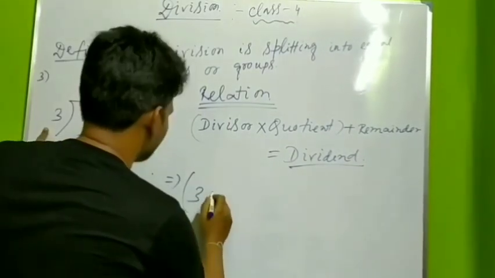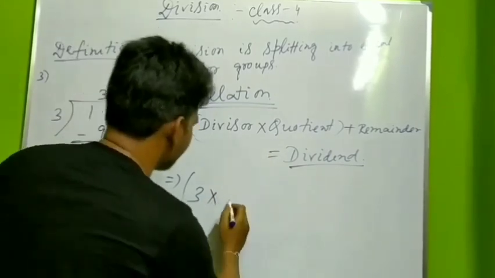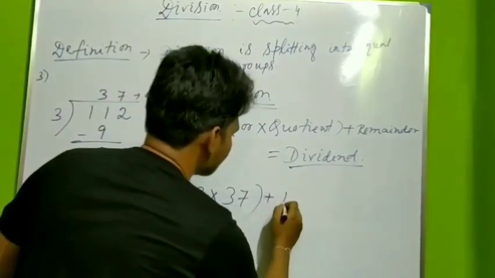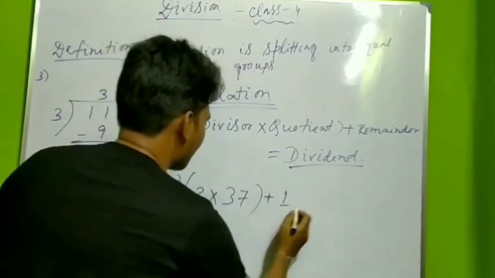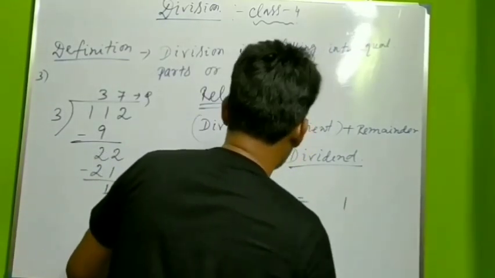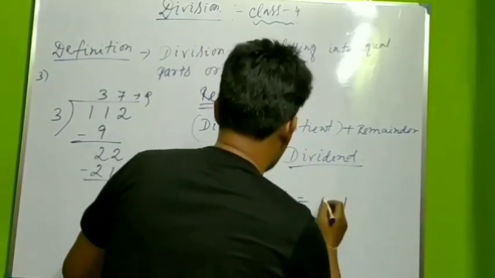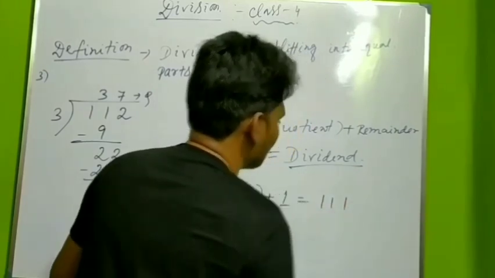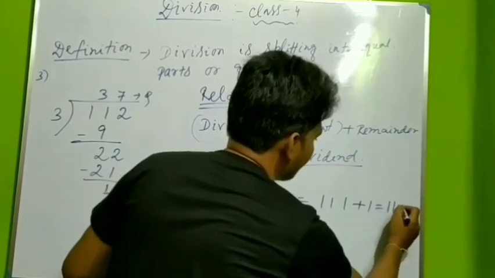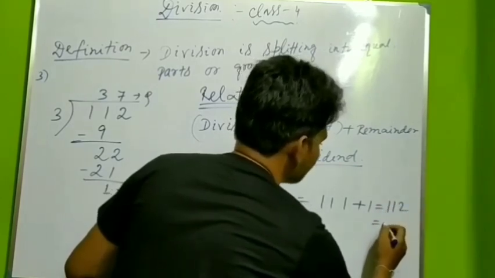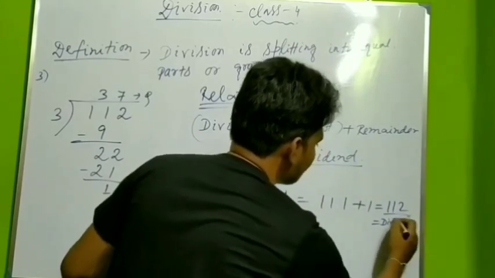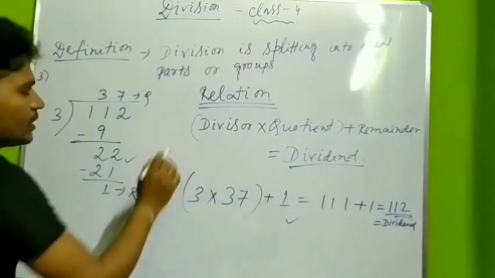So 3 into the quotient 37 plus our remainder 1. At first you do 3 into 37, that is 111, then you add 1, we get 112, and that is the same as the dividend. That means our process is correct.